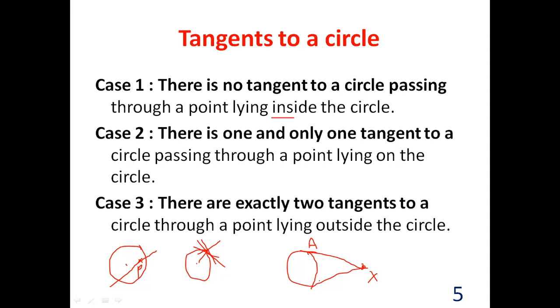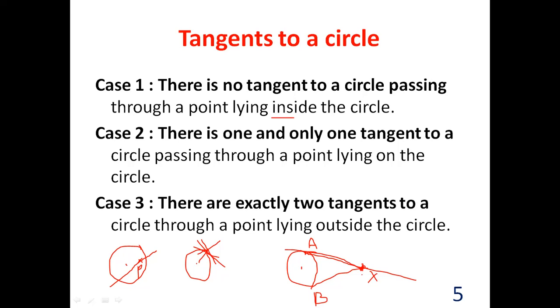So xa is one, bx is another. So two tangents can be drawn to a circle from a point which is lying outside the circle. And remember, tangent is a line, not a line segment, of course, a line. So AX is a line where A and X are points on that.